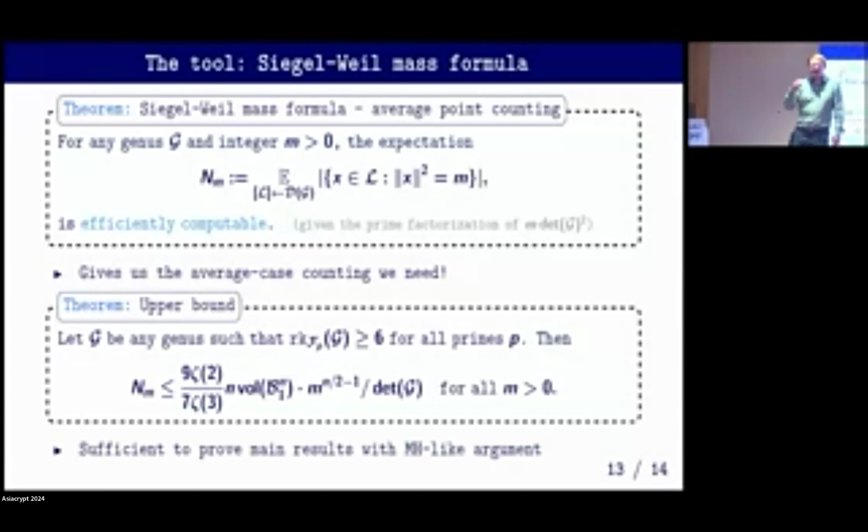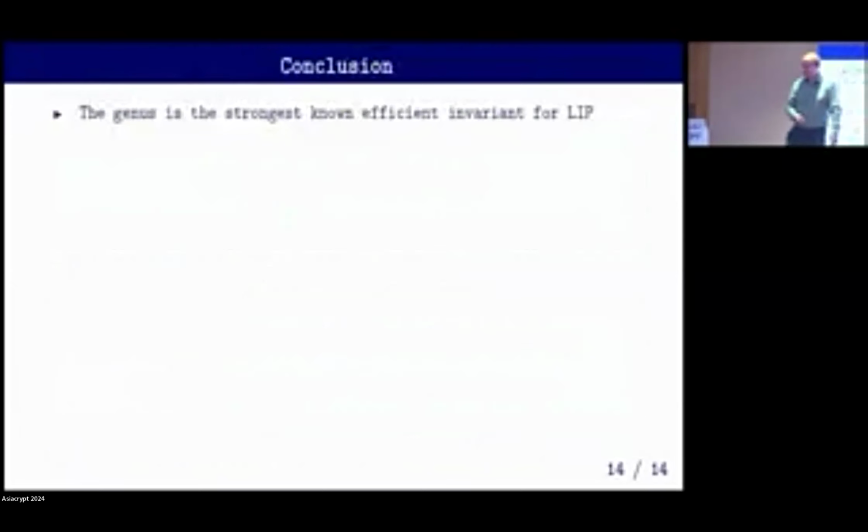And with this upper bound, we can just do a similar proof as in the Minkowski-Hlawka case. We look at the average number of lattice points up to a certain bound, and show that this is less than 3, and therefore there must exist one that gives a good packing.